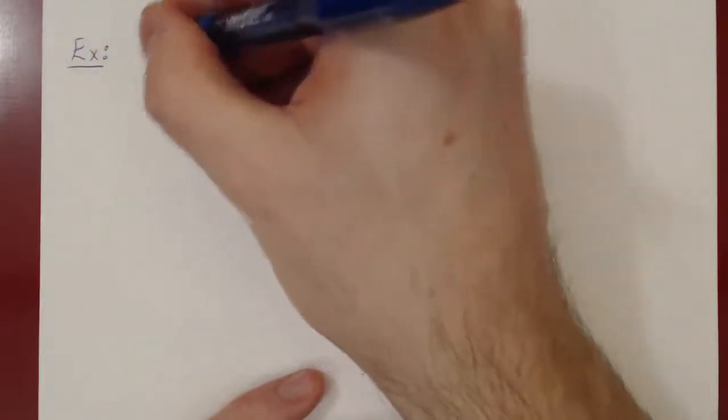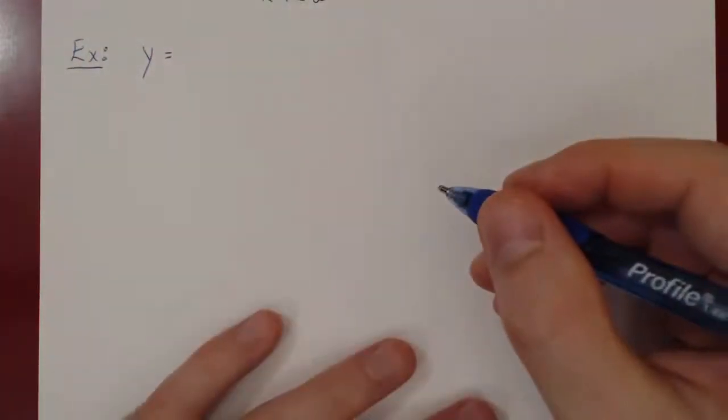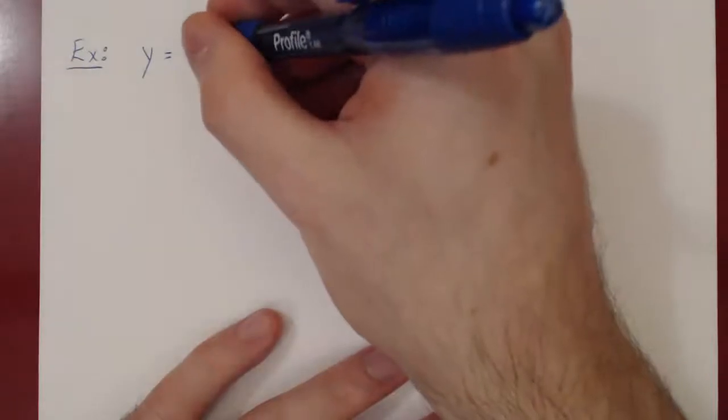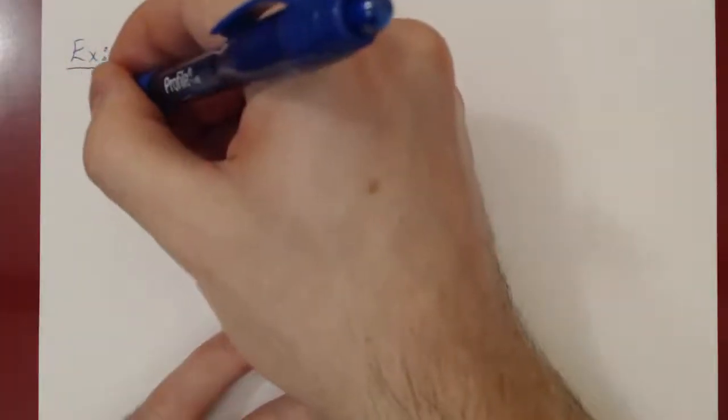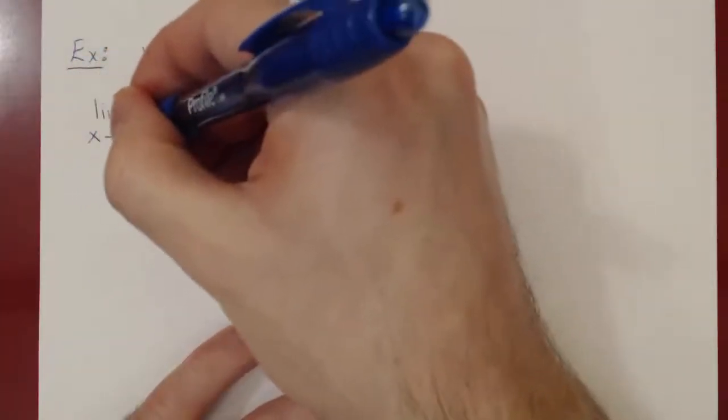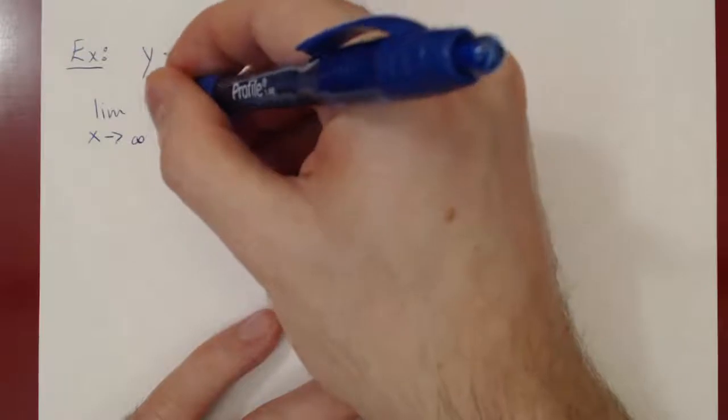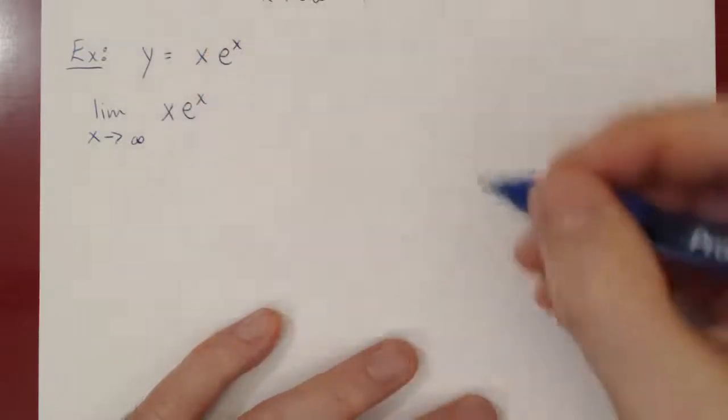And here's our last example. Let's take y equals x times e to the x. So let's check for a possible right horizontal asymptote. The function is x times e to the x.